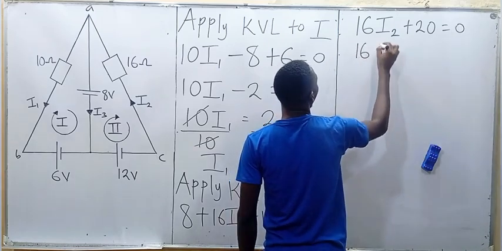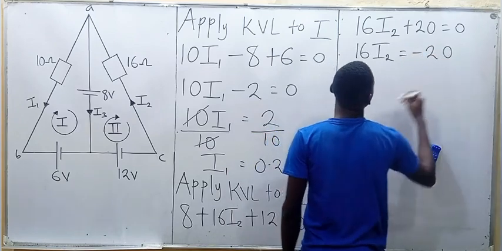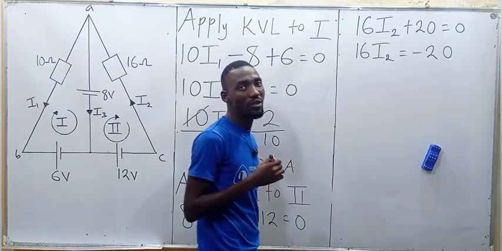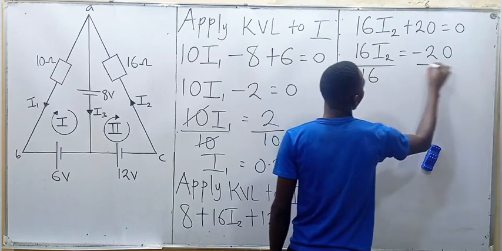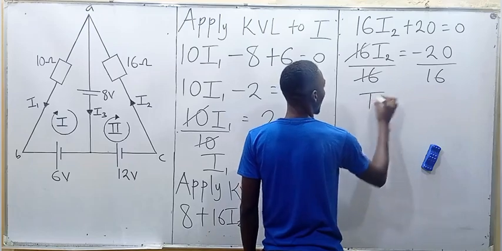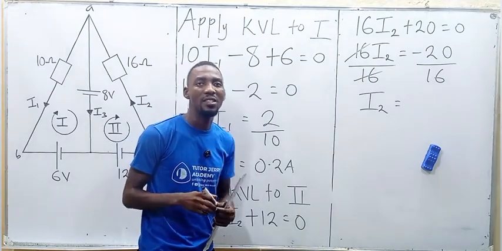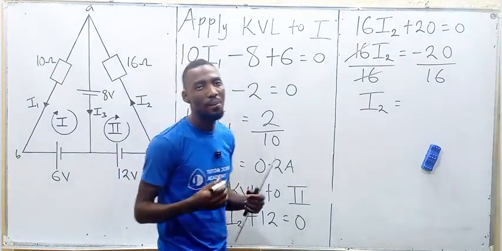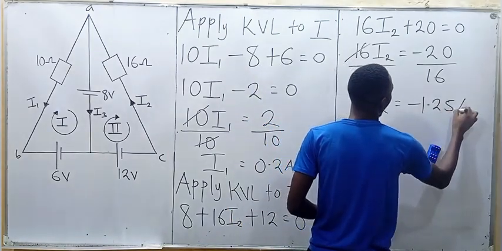Then 16 I2 equals minus 20. To get the value of I2, I divide both sides by 16, so I2 equals minus 20 divided by 16, which gives us minus 1.25 ampere.